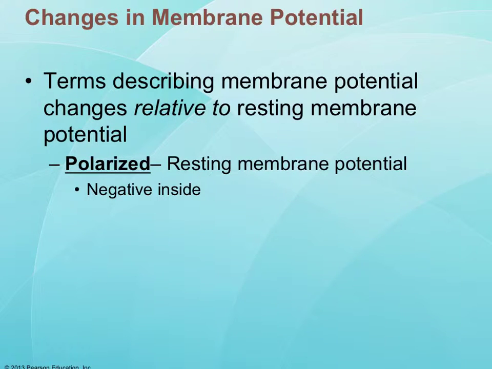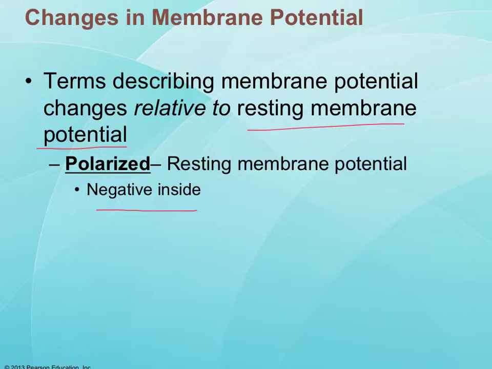Let's think back to the resting membrane potential again. The resting membrane potential is the resting state. And if we talk about a change in membrane potential, we're talking about compared to the resting membrane potential. First, the resting potential is polarized, which we said means negative inside and positive outside.